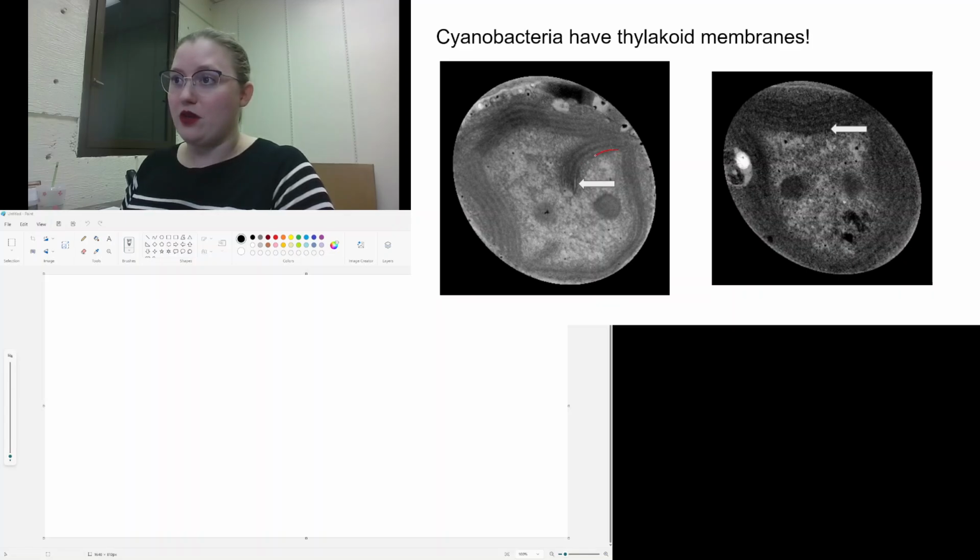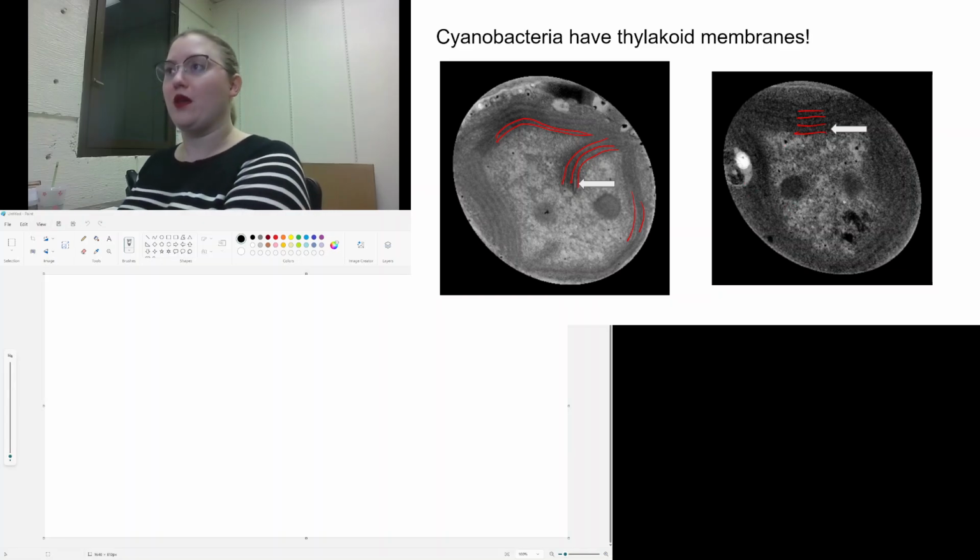They have internal membranes. Each of these dark lines is called a thylakoid membrane, all around the cells, and over here as well. So prokaryotes can have internal membranes, but that is definitely the exception to the rule.